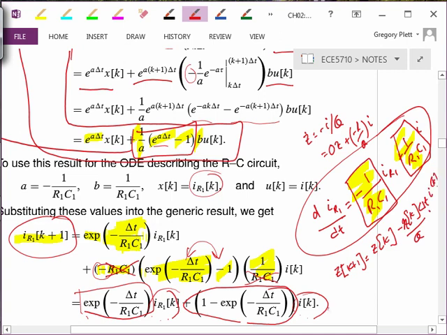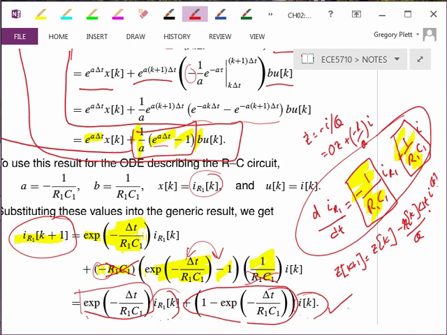I have this discrete time equation for the resistor 1 current, and I still have the output expression for voltage: V at time k is open circuit voltage minus I R1 times R1, and then minus I times R0. So I now have a full discrete time model.